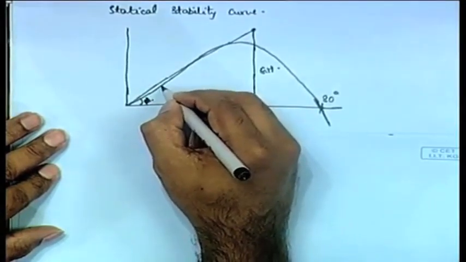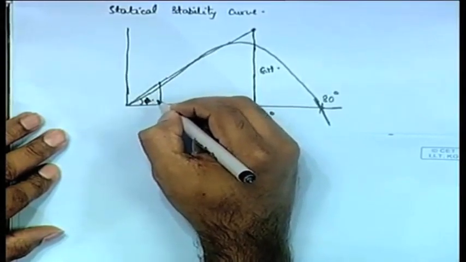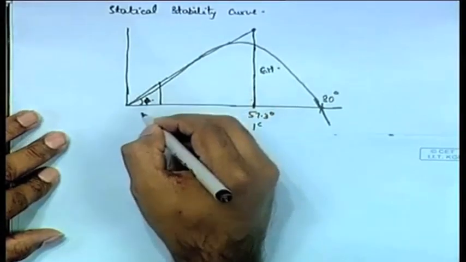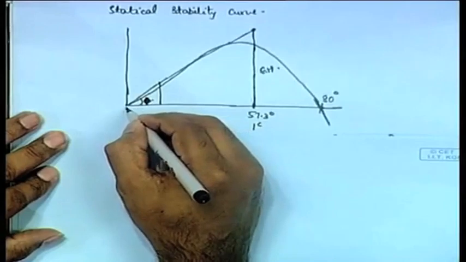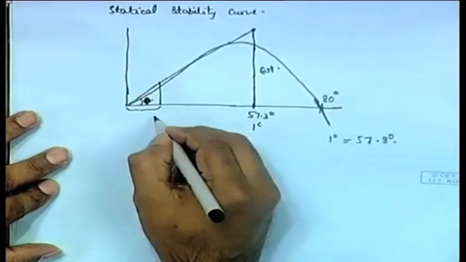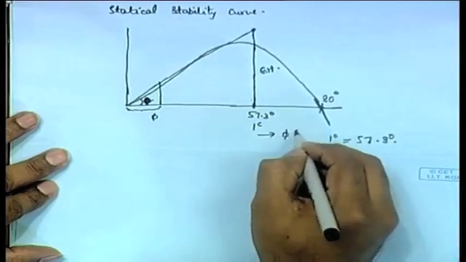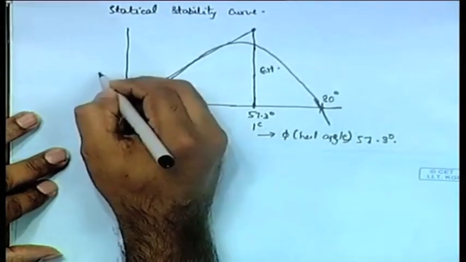Let us suppose we have any angle phi, and I draw a vertical at some point at this angle phi. Remember, this statical stability curve is a graph between phi, the heel angle, and GZ.